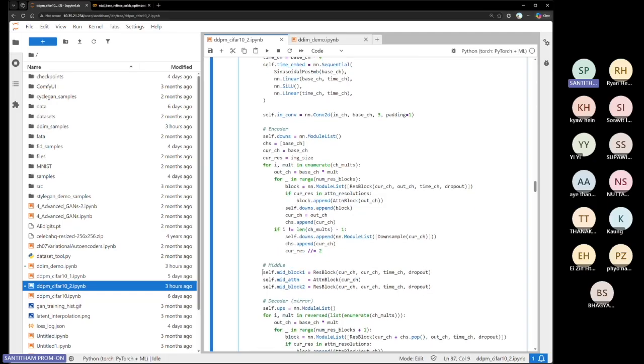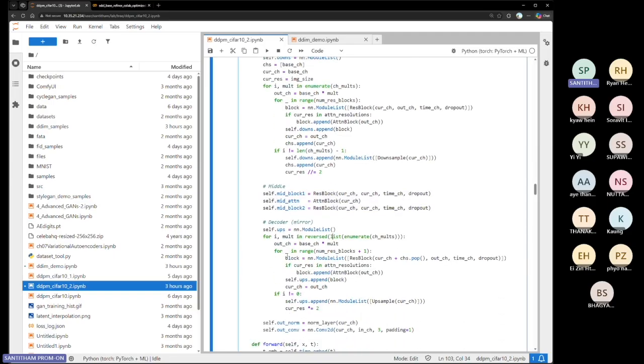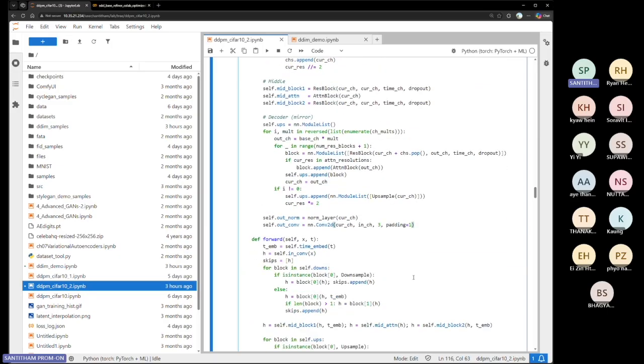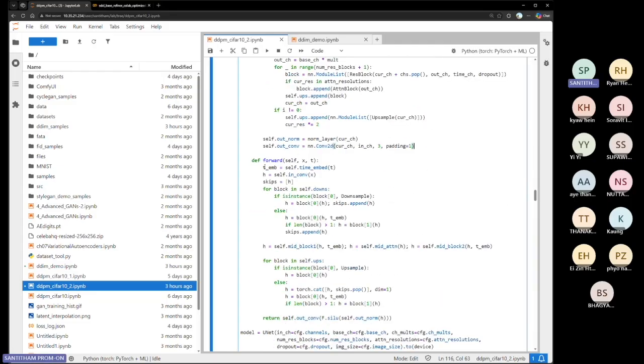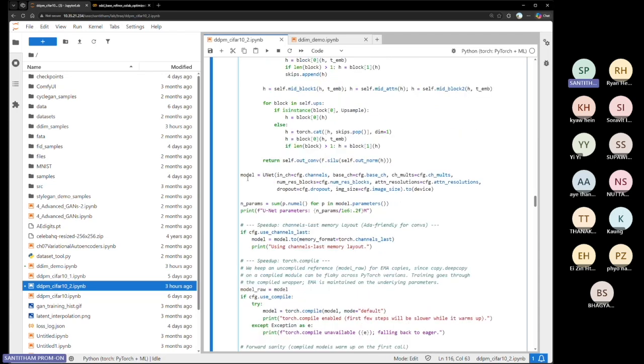In the middle, you have the residual block and attention block, and the decoder here will upsample the data until you have the same size as the input image. UNet forward would be passing through all the blocks, and this is the creation of UNet.